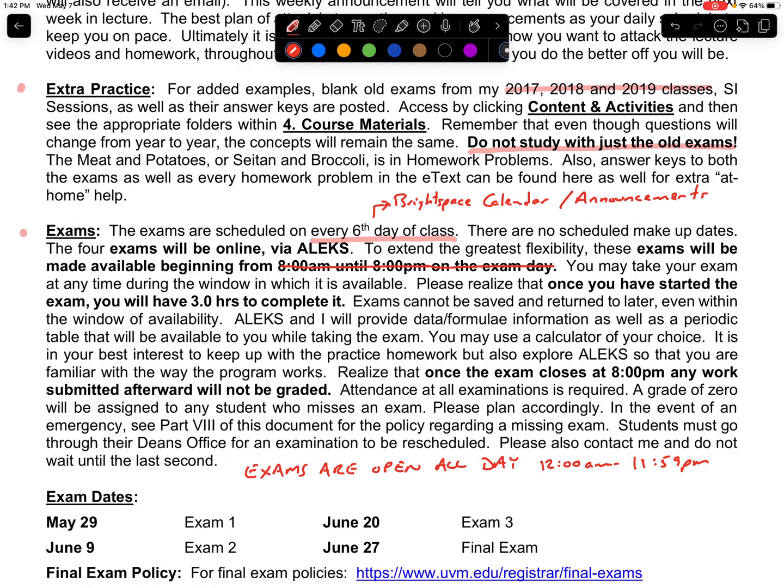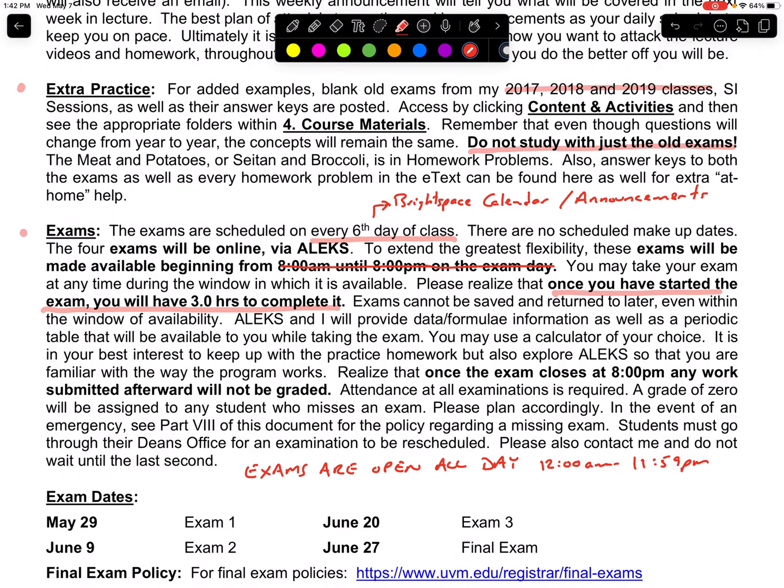Our exams are going to be open basically the entire day when there is an exam day scheduled. You have 3 hours to complete the exam, so there will be a timer. Exams can't be saved and returned to later. Basically, when you sit down, you have to complete it.